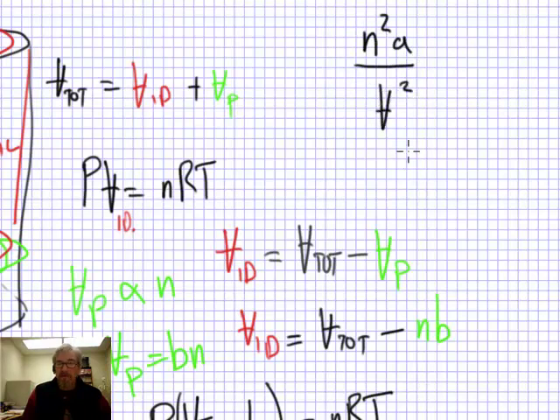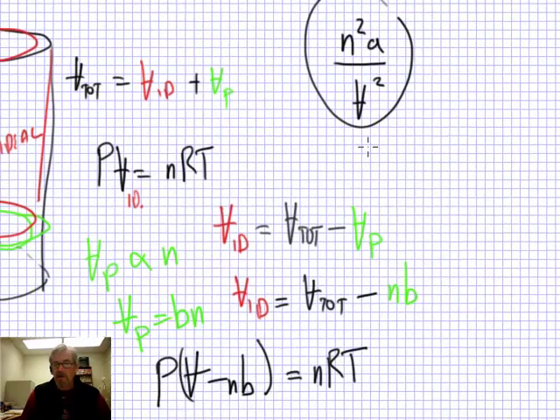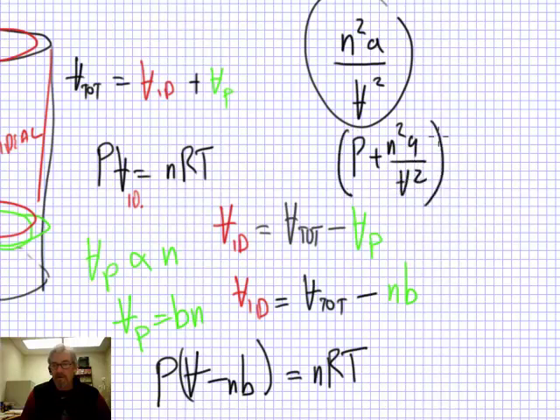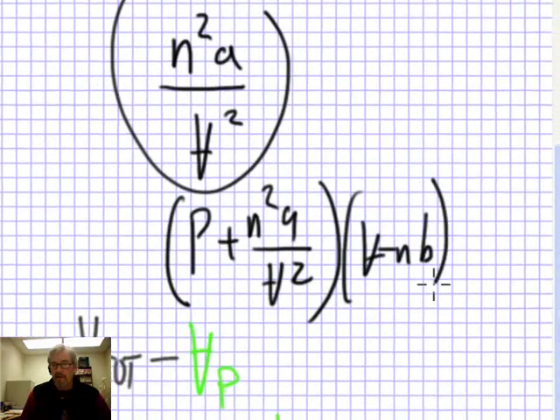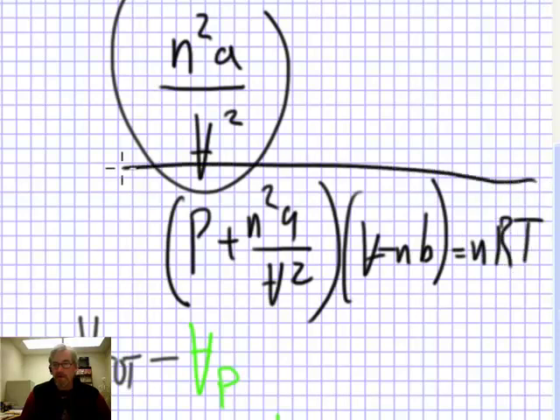So you put this in for pressure, because that increases pressure, and our compensating factor that we have for volume, and you come up with this new equation. Pressure plus N squared A divided by V squared. We'll use that instead of pressure. And V minus NB we'll use instead of volume. That equals N times R times T. That equation is called the van der Waals equation of state.